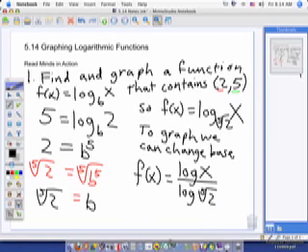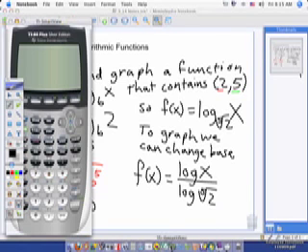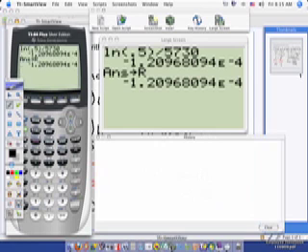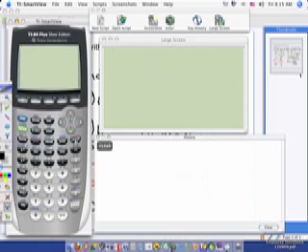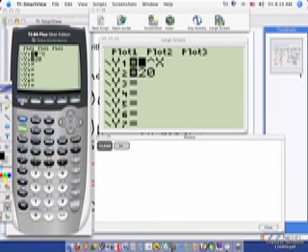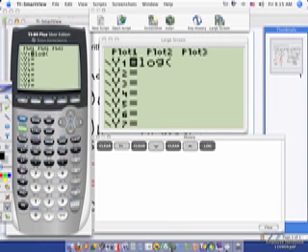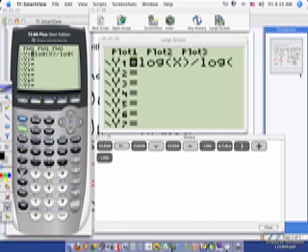So if we went to our graphing calculators, we would type that into our y equals. So I'm just going to go to y equals, and I'm going to clear out any functions in there. And we want log of x divided by log, let's see, 5th root of 2.